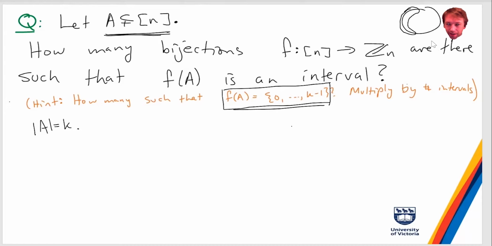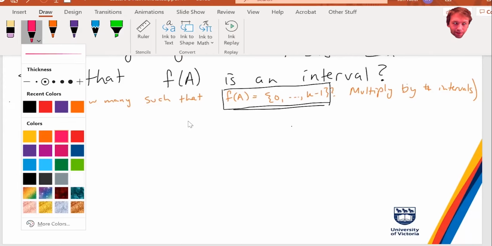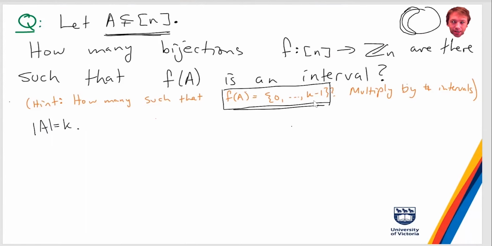So we've got an answer which actually goes to the final answer here. For the sub-problem, if I want to map A bijectively to 1 up to k, or 0 up to k minus 1, go through the elements one by one. How many choices do I have for the first element of A?